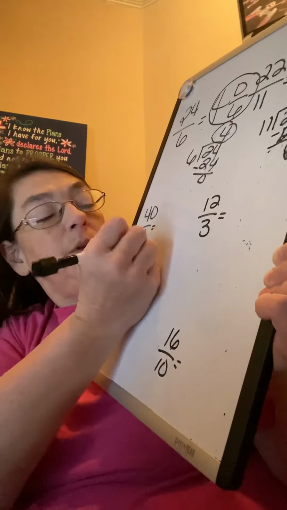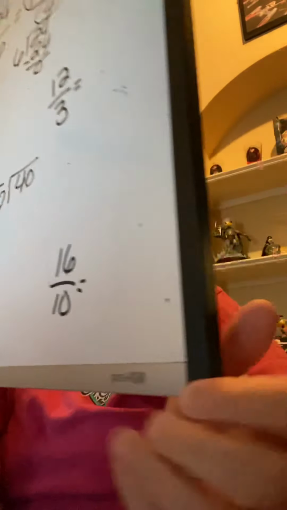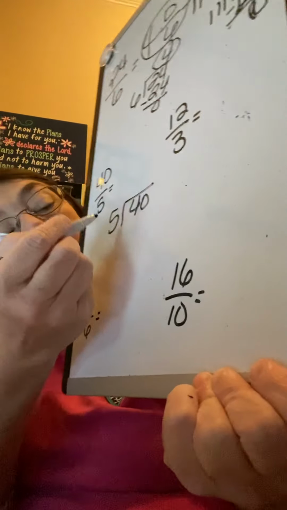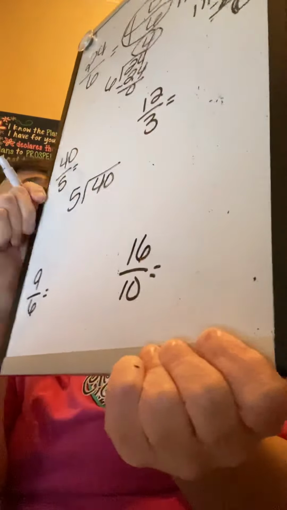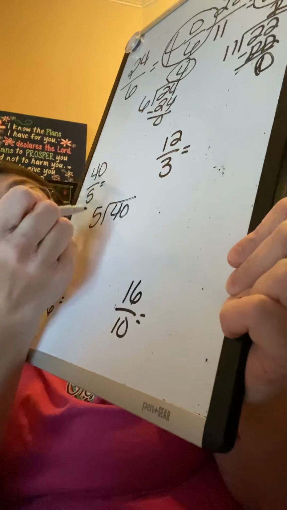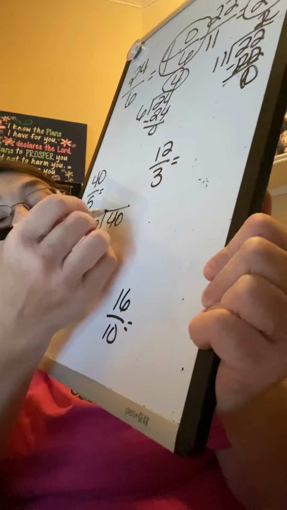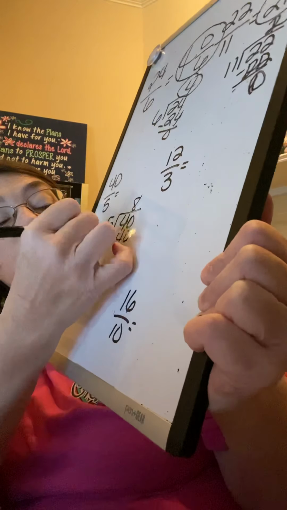Okay, the next one. 5 into 40. Guys, all I'm doing is taking my denominator and dividing it into my numerator. If you still don't understand it, pay attention. I take the denominator, which is my bottom number, and divide it into my numerator. 5 goes into 40 8 times. 8 times 5 is 40.